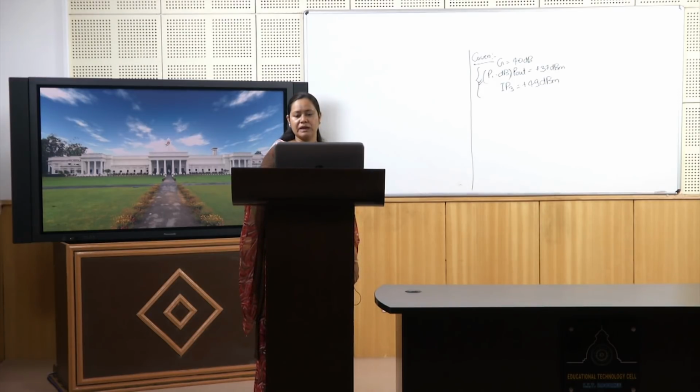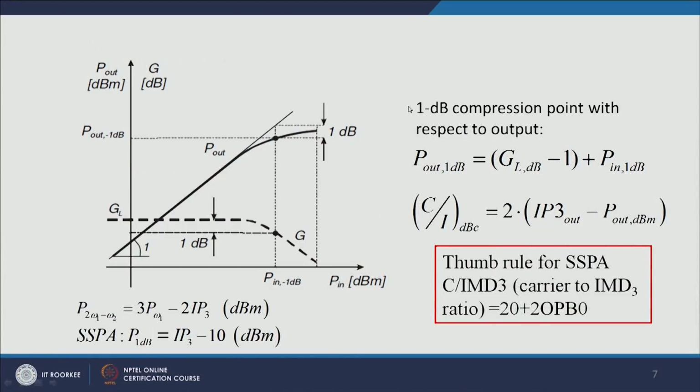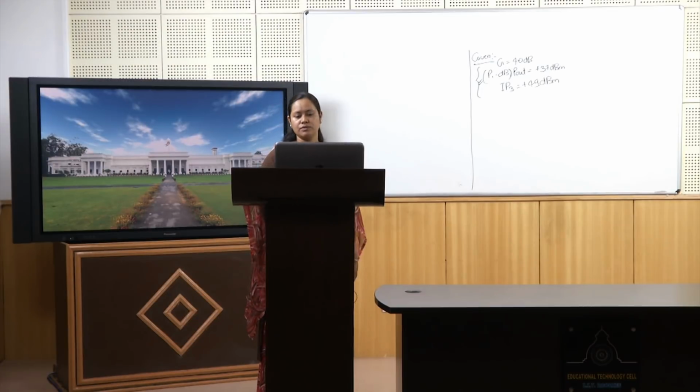Now, if your P in 1 dB is given, then you can convert to P out 1 dB by using this formula, small signal gain minus 1 plus P in, the input power at the 1 dB point. If you are given P out and also given IP3 power, then you can use the formula for C by IMD3 ratio as this formula.